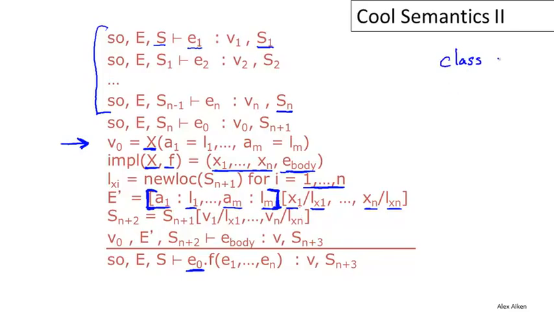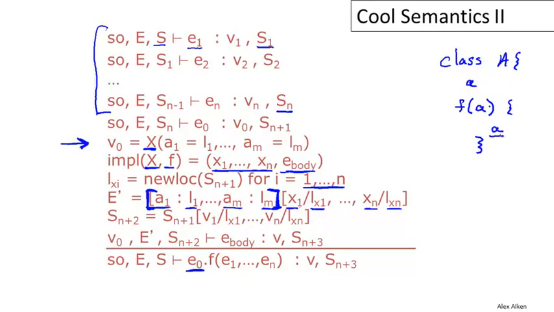So for example, I could have a class A that has an attribute little a in it, and it also has a method f that takes a formal parameter named a. Of course I'm leaving out types and lots of other things here. So here I have an attribute named a that's declared, and then I have a method that takes an argument called a.